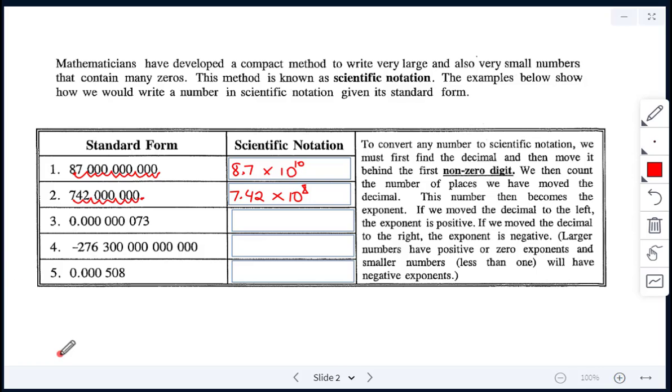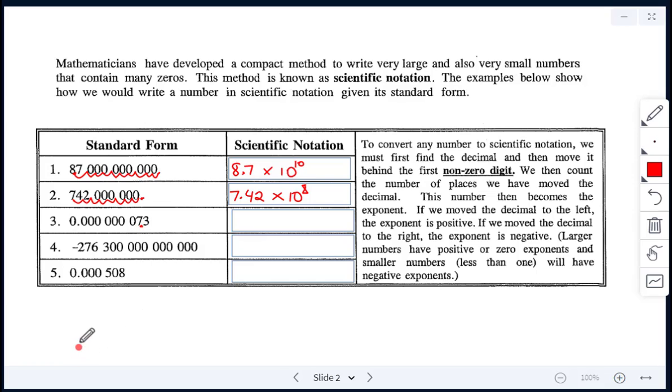Our next example, number 3, is a very small number. It's less than 1. So we're moving our decimal place to the right this time, and we want to put it right there so it becomes 7.3.